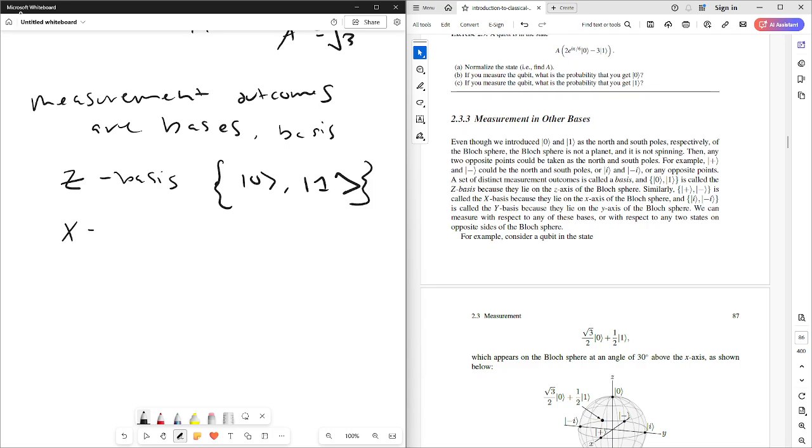The X basis measures in our plus and minus states. And the Y basis measures in the i and minus i basis.